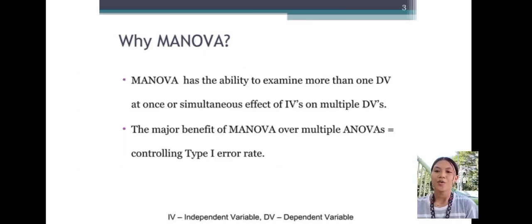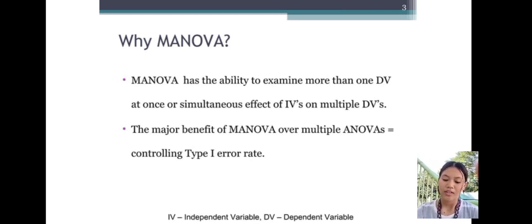Why MANOVA? MANOVA has the ability to examine more than one dependent variable at once, or the simultaneous effect of independent variables on multiple dependent variables. MANOVA is like a superpower of a statistical tool that lets you study how things affect multiple outcomes at once.